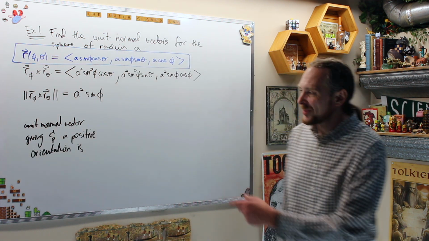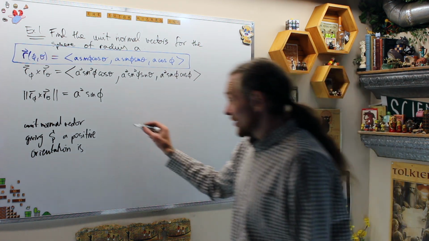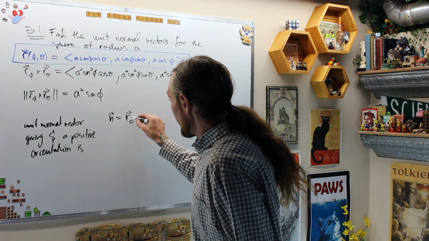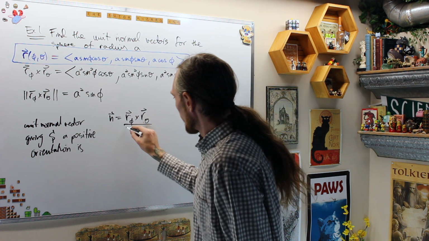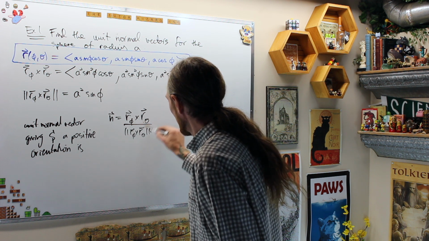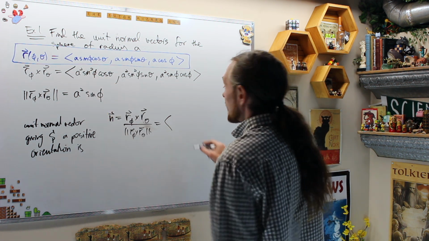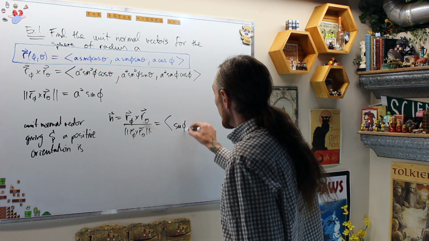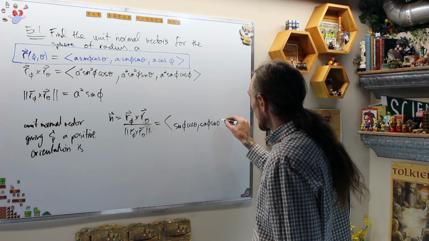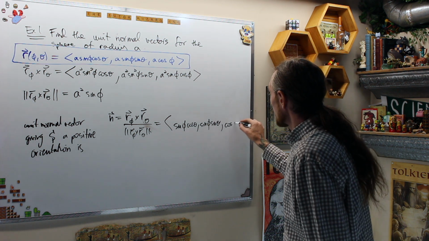I know it's positive because I've already calculated it, and once you see it, this coordinate will be positive. The positive orientation of n is going to be r phi cross r theta over the norm of r phi cross r theta, which is now this guy divided by this, so it's going to give me sine phi cos theta, sine phi sine theta, and then cos phi.